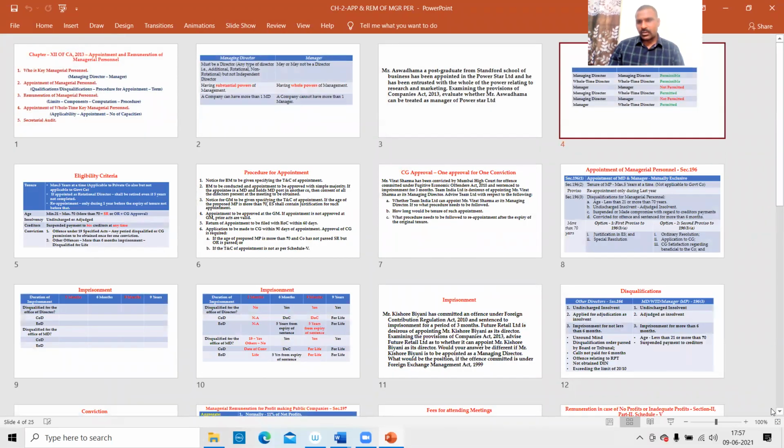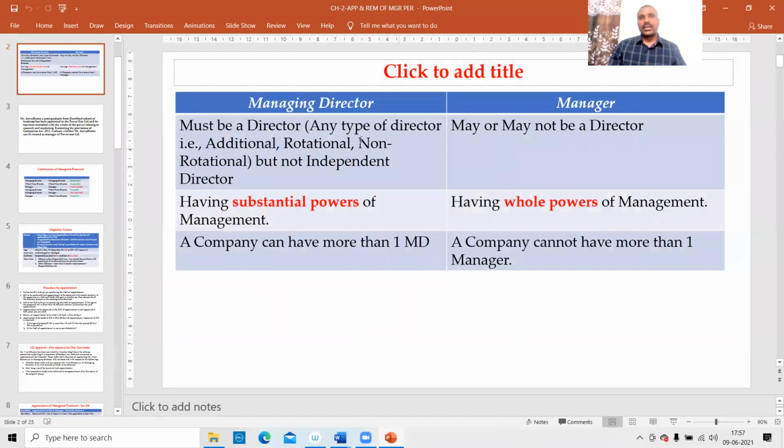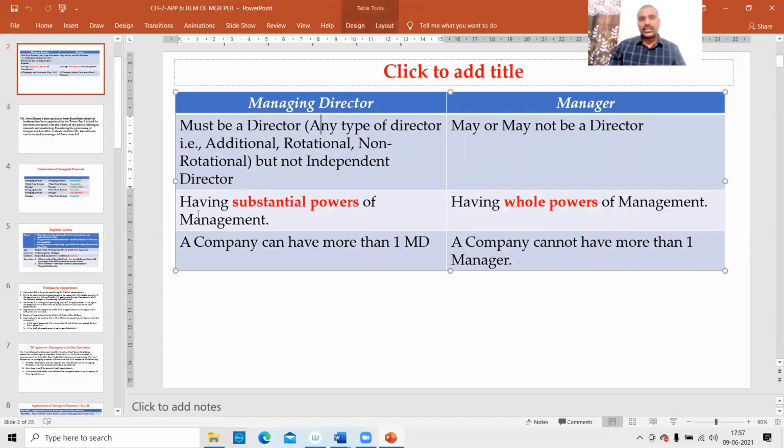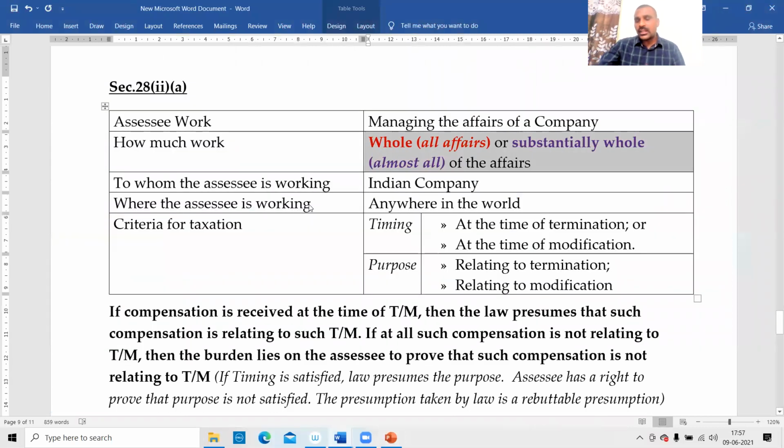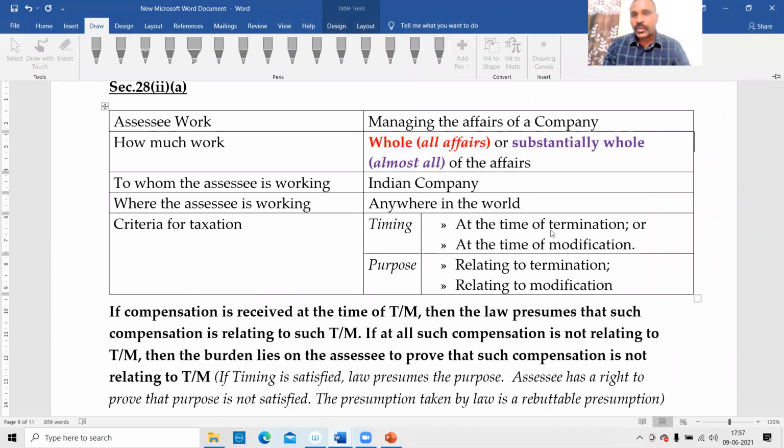I'll show you the difference between manager and managing director. Look at this. A managing director is a person who has substantial powers. This is where I am asking students not to be confused by this word substantial. Here in the law, what we have used is substantially the whole. So don't stop your interpretation here itself.